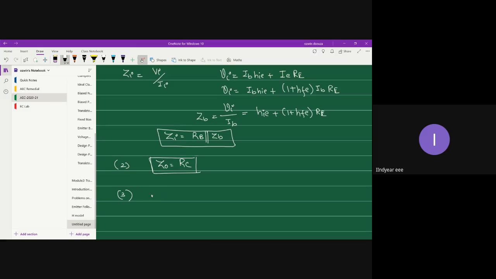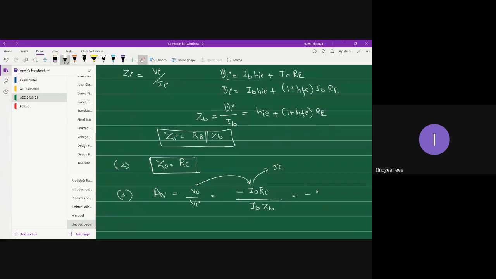Okay, next you have voltage gain AV, which is V0 by VI. That is minus I0 into RC. Okay, because V0 is I0 into RC, and VI is IB into say ZB. Okay, and you can also write I0 is IC, right?